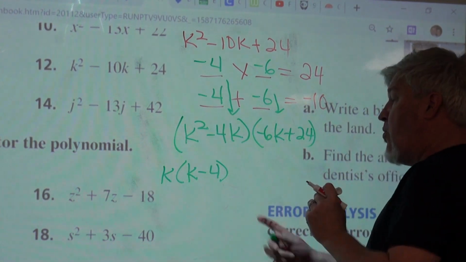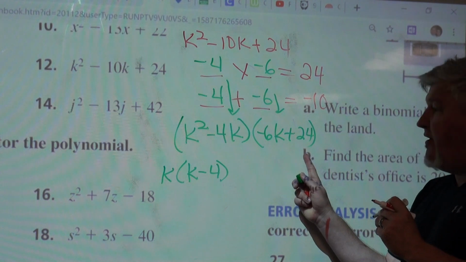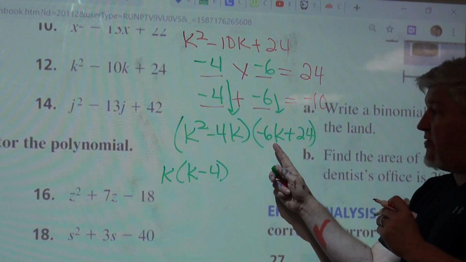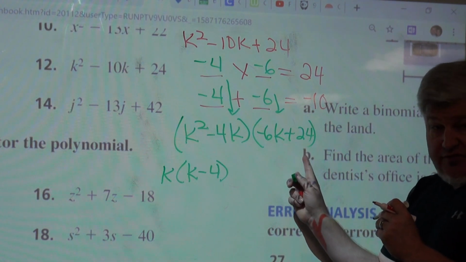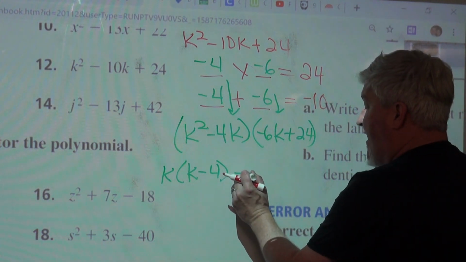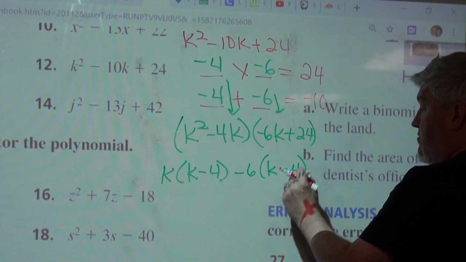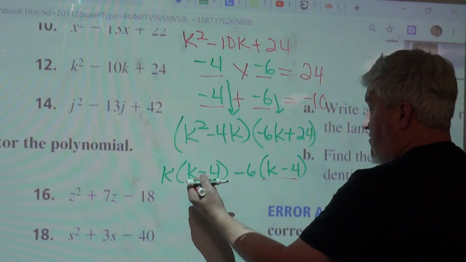Over here now, remember we want to get k minus 4. You should be able to see that 6 is the common factor, but if you factor out just a 6, you're going to be left with a negative k plus 4. We need these to match, so we have to factor out a negative 6. And that gives you k minus 4. So now they match. So we're golden.